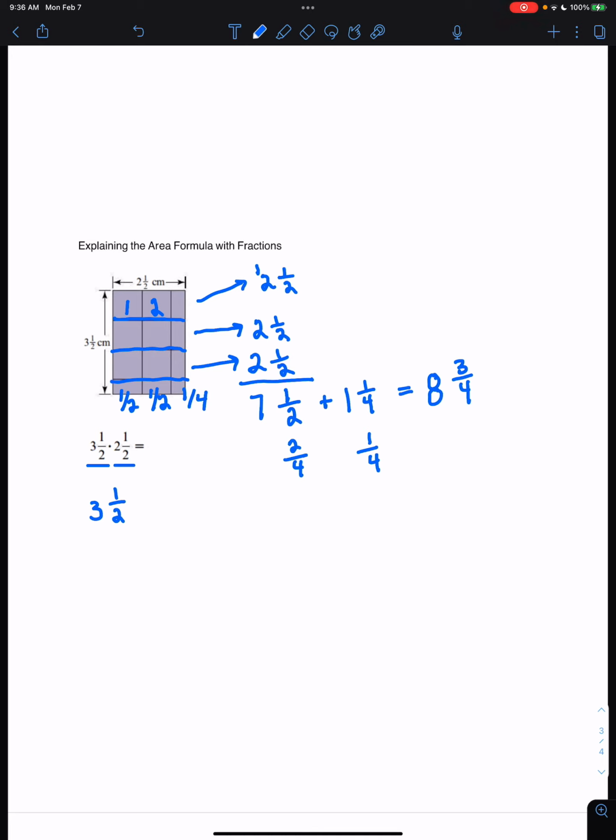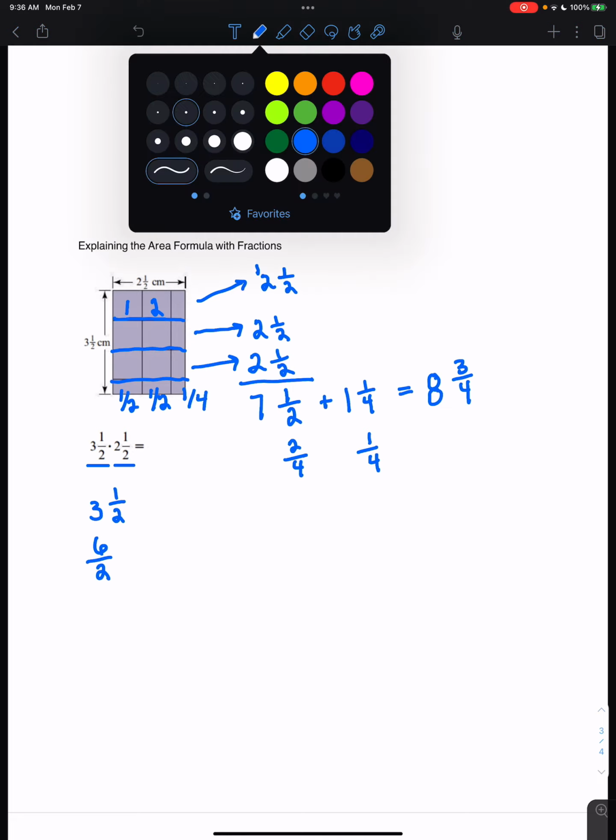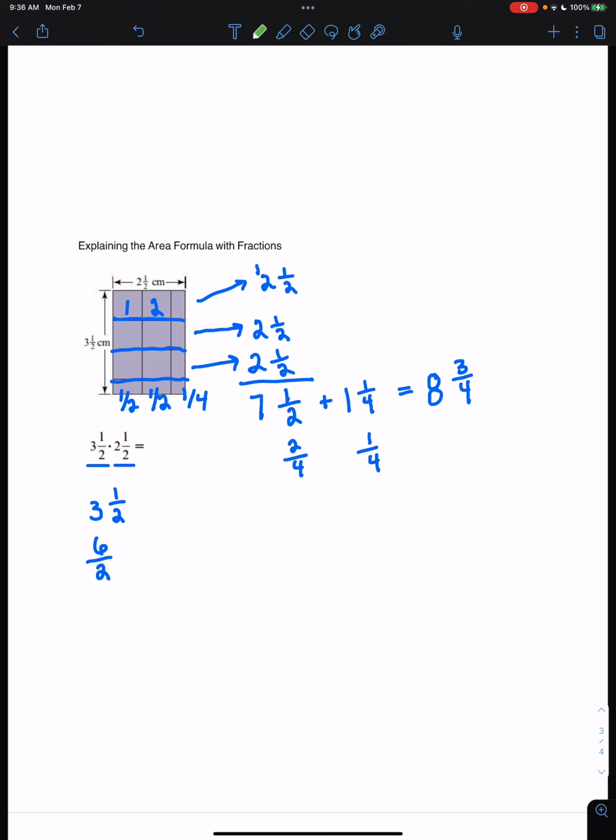Or we could multiply 3 times 2 and get 6 halves. 6 halves is really, and you can look back up here to my diagram if you want, 6 halves is really 3 whole pieces. And then we've got 1 half here. So we've got a total of 7 halves for our first number.